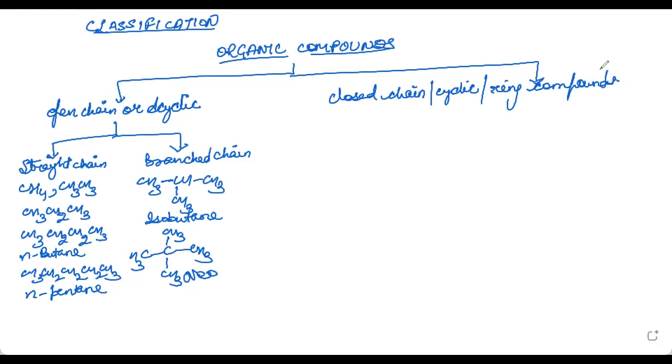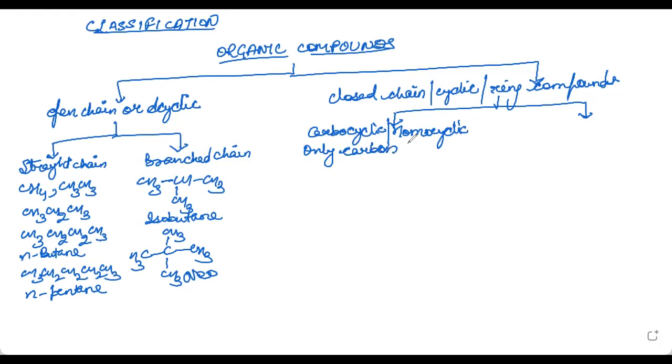Ring compounds, right? Now in this, we can further categorize into 2 categories. One is carbocyclic or homocyclic. This means there will be only carbon atoms in the ring. Then we have heterocyclic.